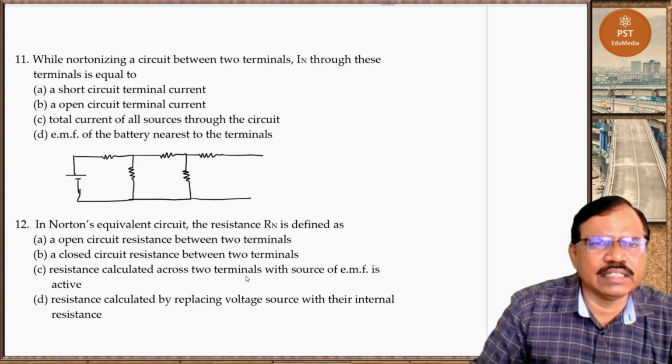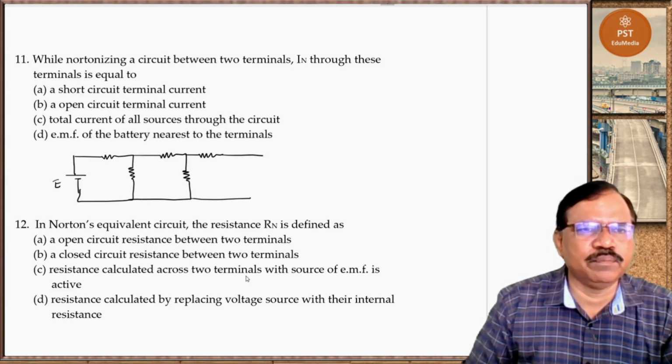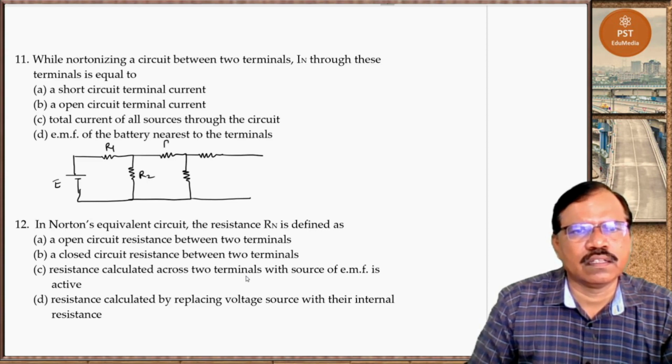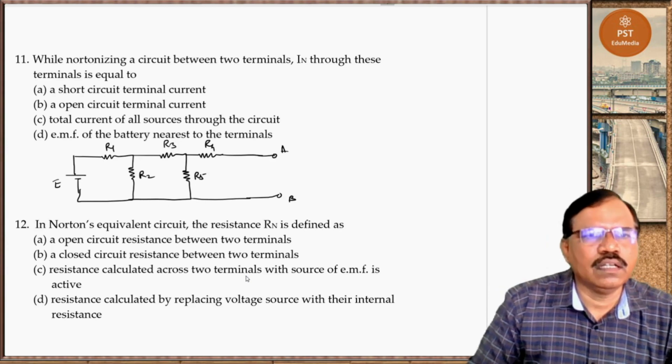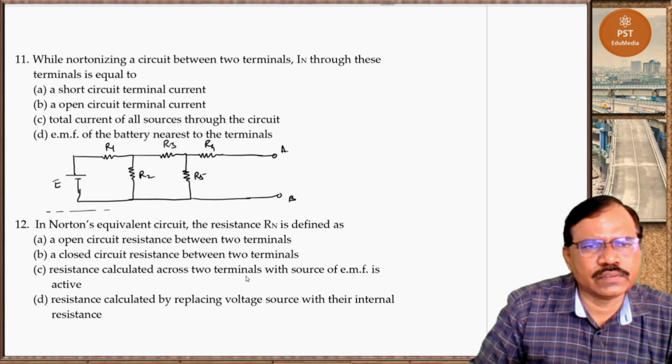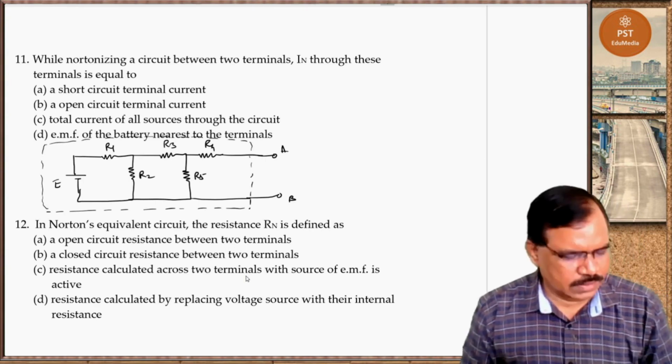I have taken a single source; a network can have a number of sources, but for simplicity I have taken one. So these are two terminals, and the two terminals are taken from that network.